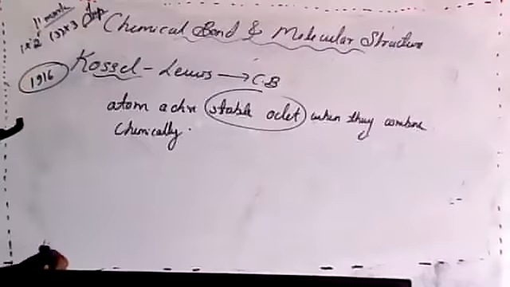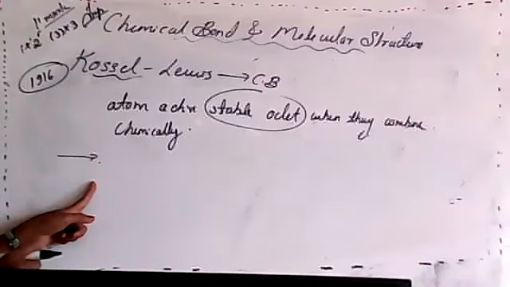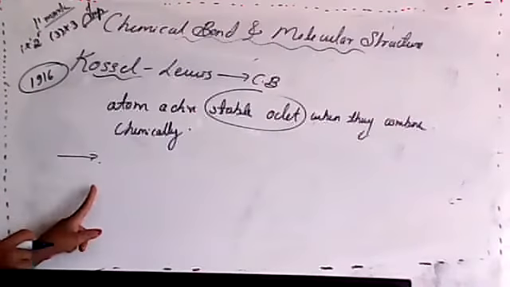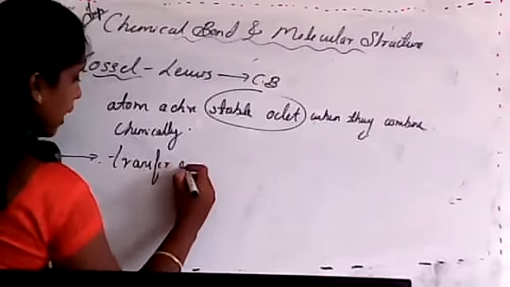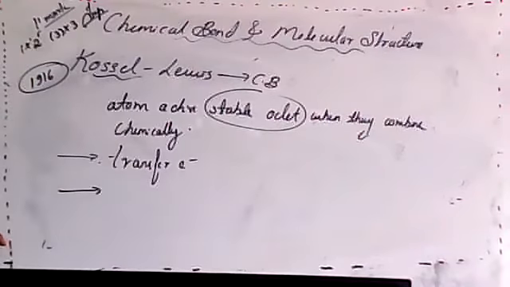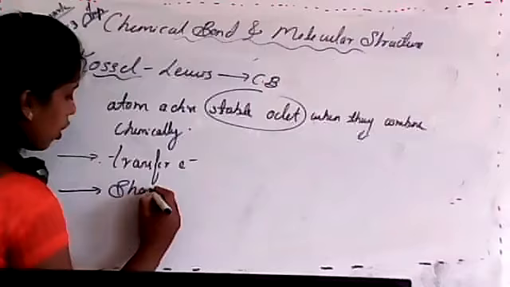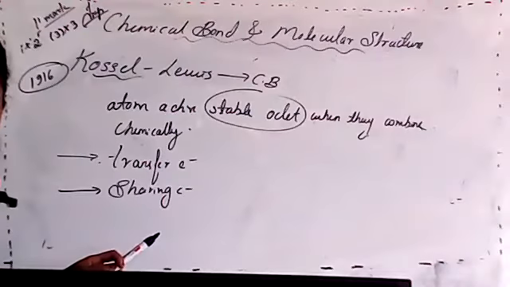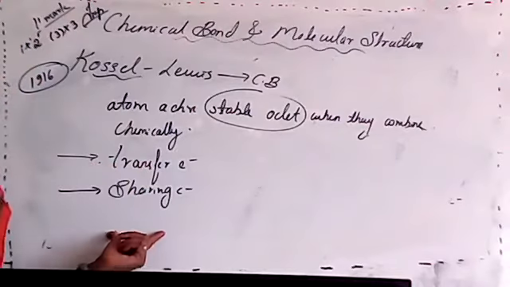How may a chemical bond form? The first one is by transfer of electron, and the second one is by sharing of electron.